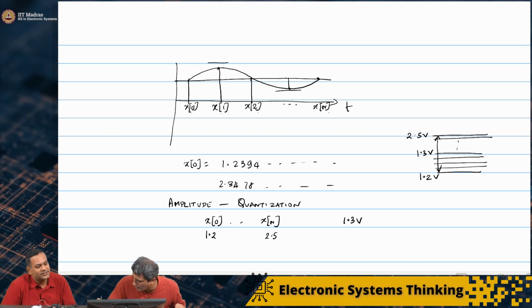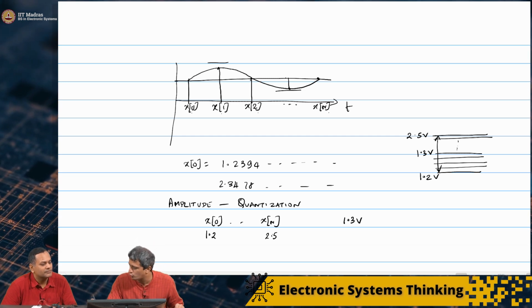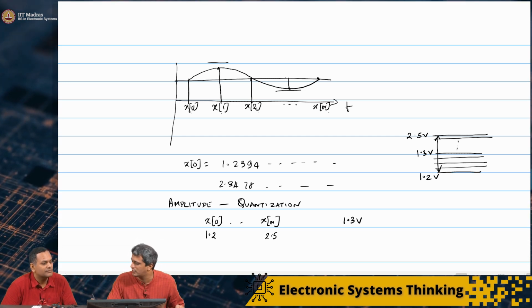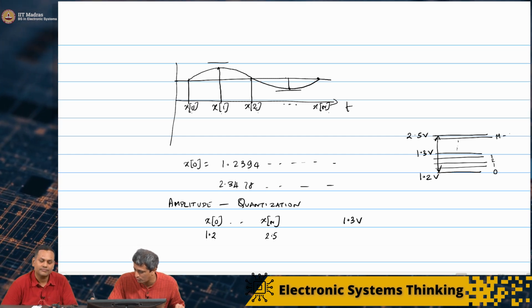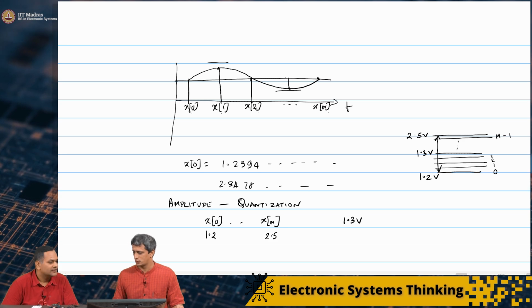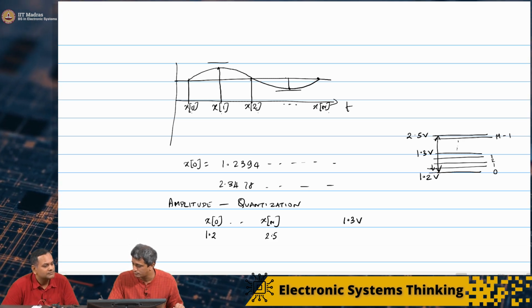Let's say this amplitude quantization is some m levels, 0, 1, 2, 3, all the way to m minus 1. So the first thing we need to find out is what is this delta.